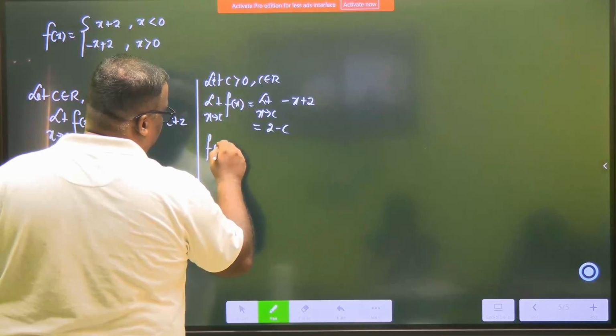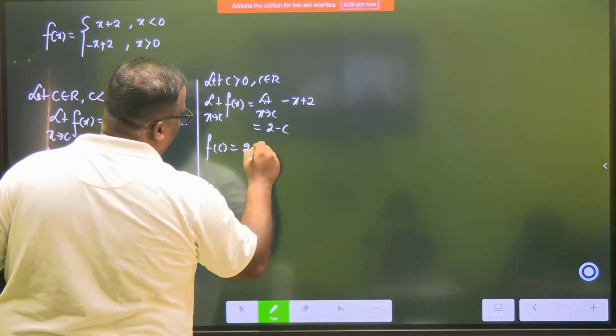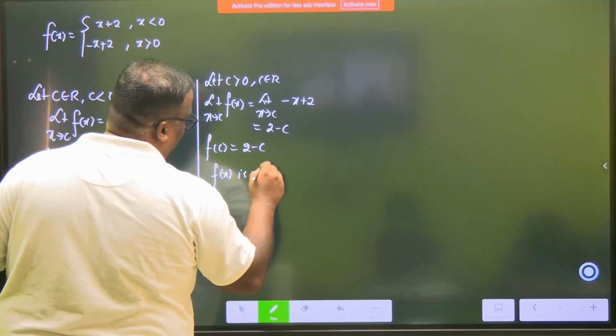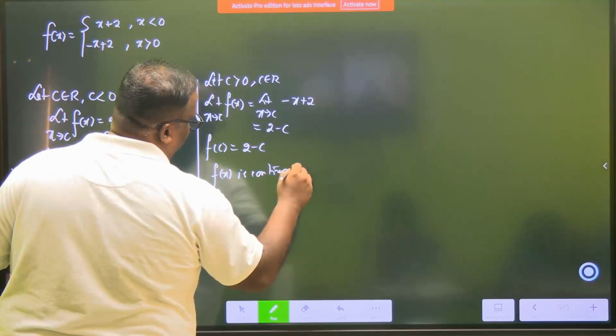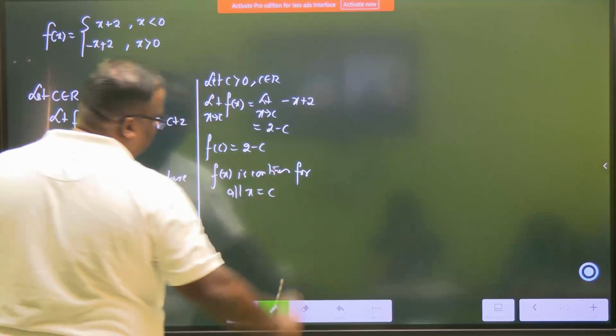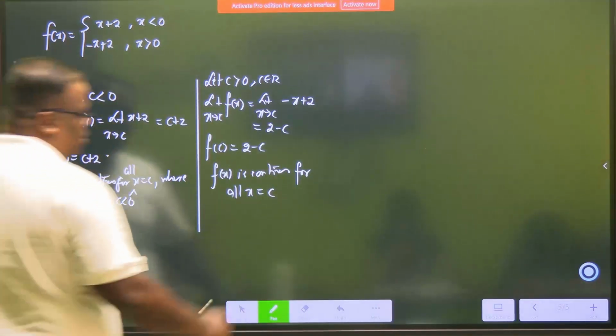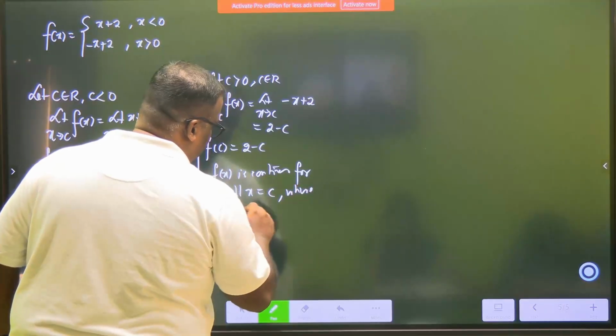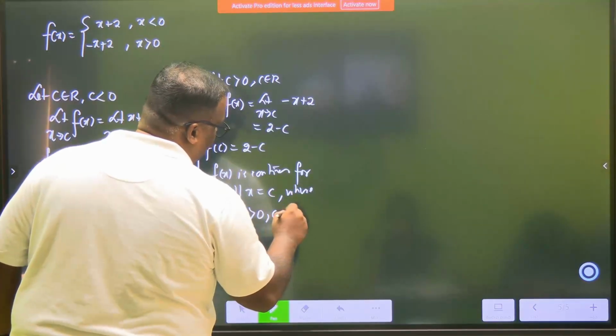F of C is also equal to 2 minus C. So f of x is continuous for all x equal to C, where C is greater than 0, C belongs to R.